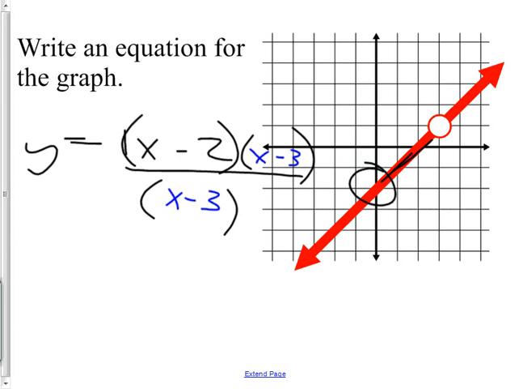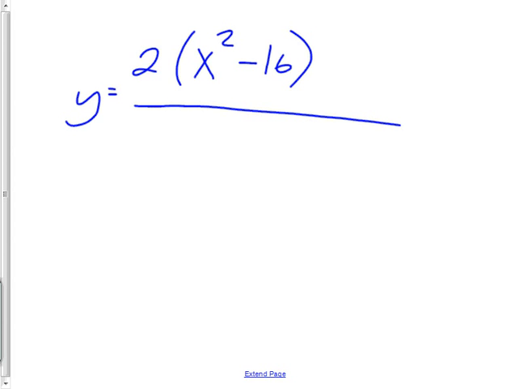Okay. Let's move on. I'm going to give you one more tough problem, and see if you can handle this one. If you can handle this one, you're going to be in great shape for tomorrow. All right. y equals 2 times parentheses x squared minus 16, and then over x squared plus 5x plus 4.